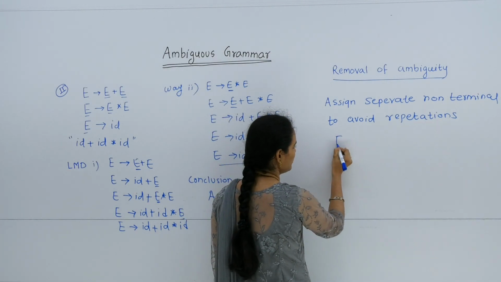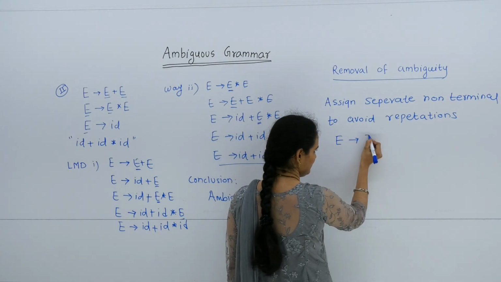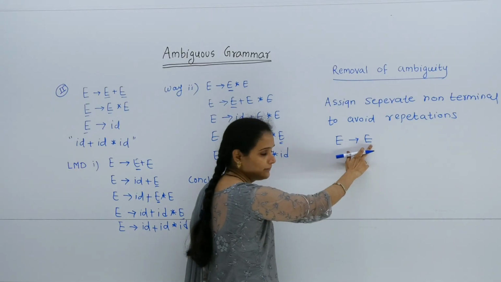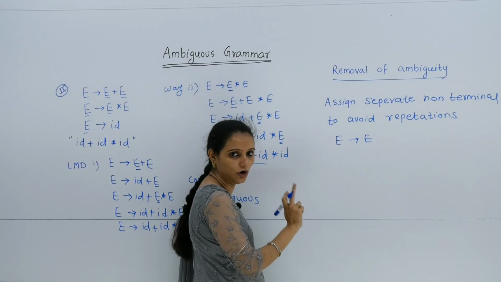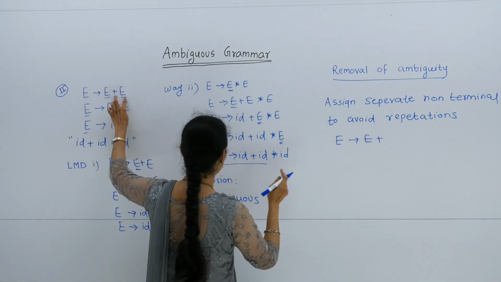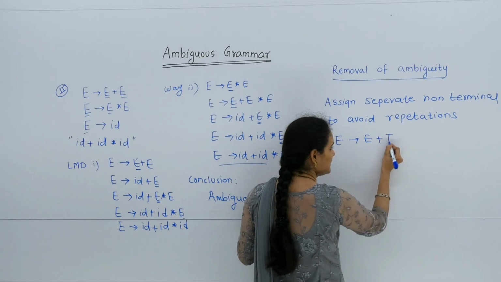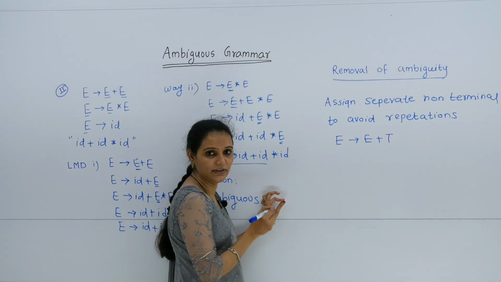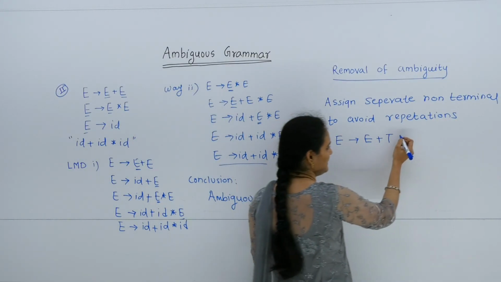See here students, E produces E, one time we are using that non-terminal. Instead of the same non-terminal, we are using another non-terminal, meaning we are assigning different non-terminals.